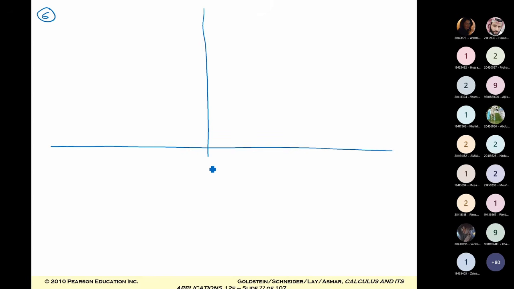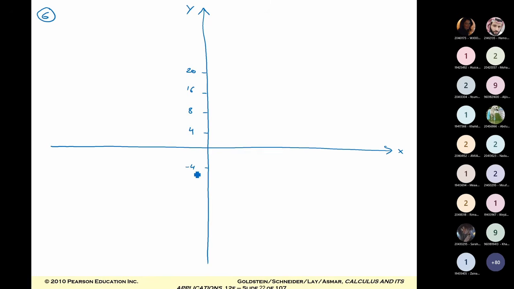Okay. Now the sketch. Number 6. The sketch of f of x. This is the x and this is the y. We have the maximum 16, so we have 4, 8, 16, 20.